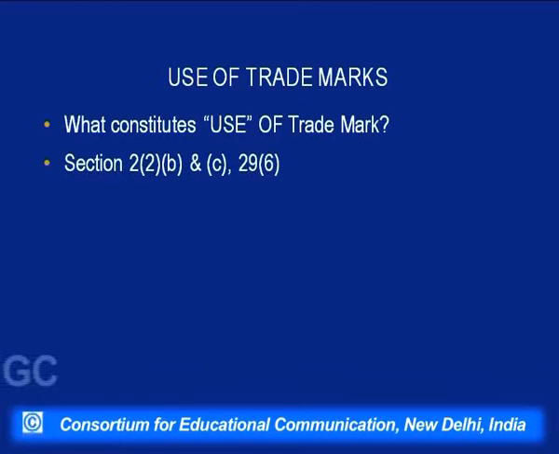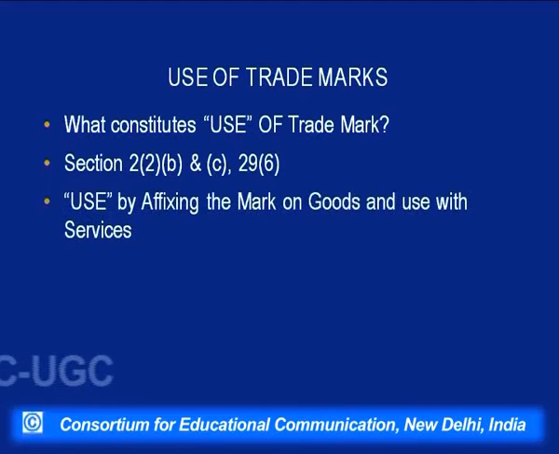Section 2, which is a definitional clause, especially under its subclauses 2(b) and (c), and Section 29(6) of the Trademarks Act define and use the word use of a trademark, which is a sine qua non, an essential thing which must be proved and established initially. You can say that is the heart and soul of trademark law, that whosoever is proposing to use a trademark must use it, he must show that it is in use or it is going to be in use.